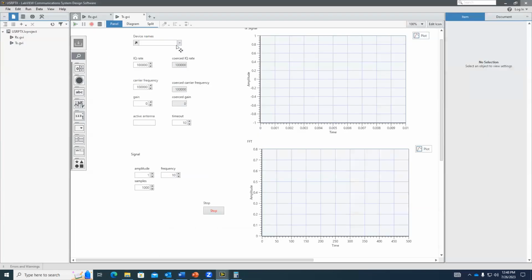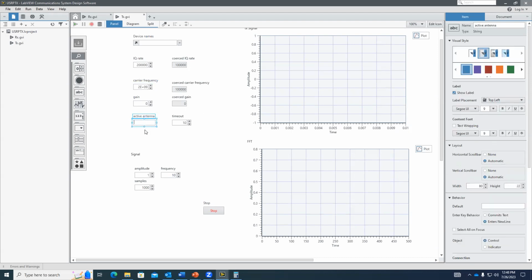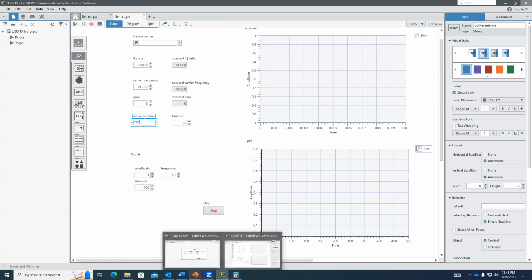So you will go here, you will choose your device name, you will put IQ rate 200K, carrier frequency 2 gigahertz, active antenna TX1, and frequency and amplitude according to the table.